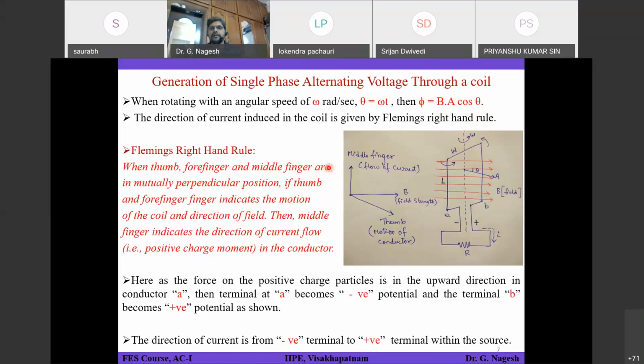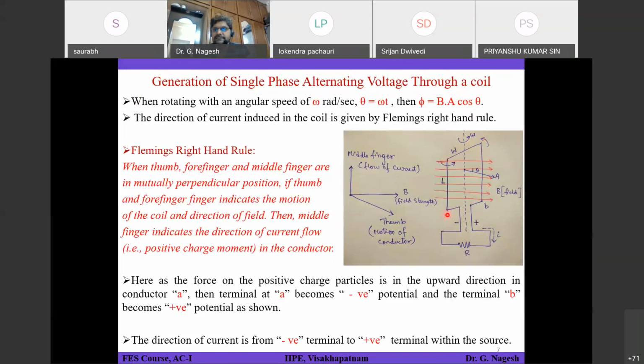If you consider that this is your coil, this is your length L and this is your width W, rotating with omega, and you have got this expression phi is equal to B into A into cos of omega t. Now we have to know what is the direction of the current.